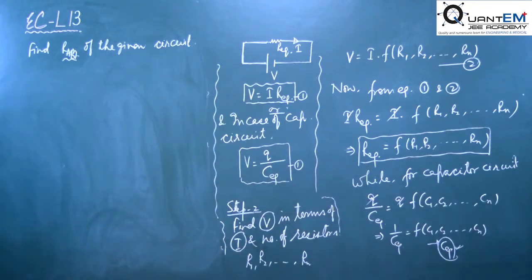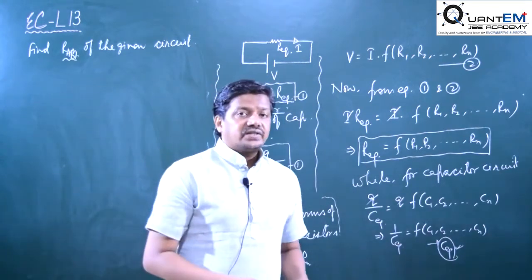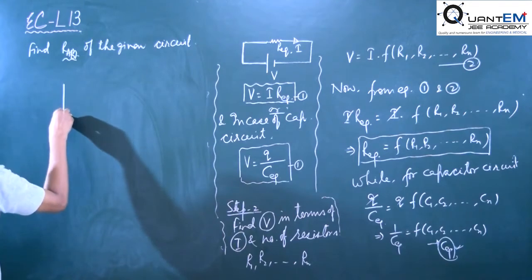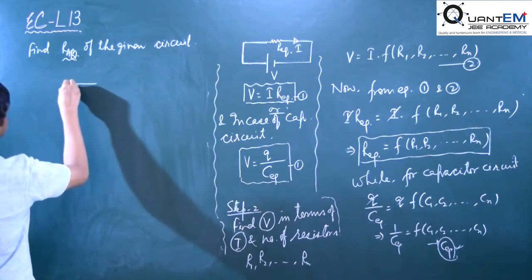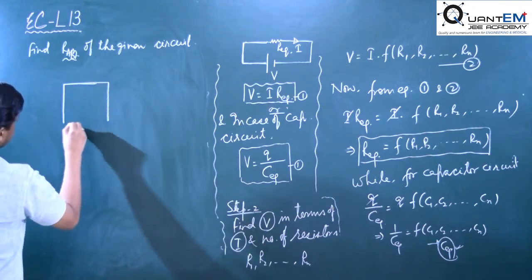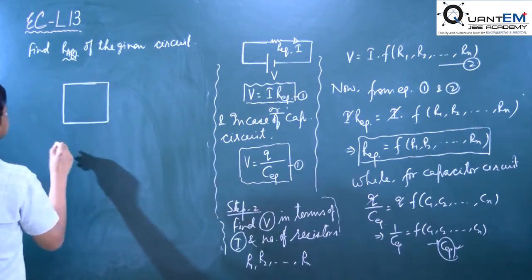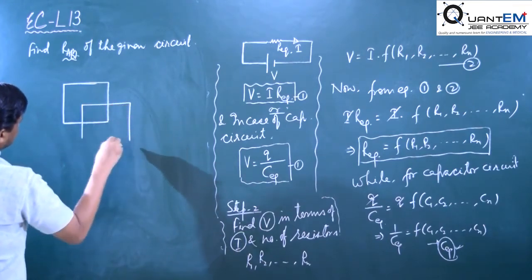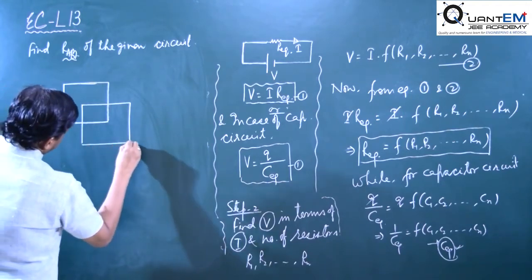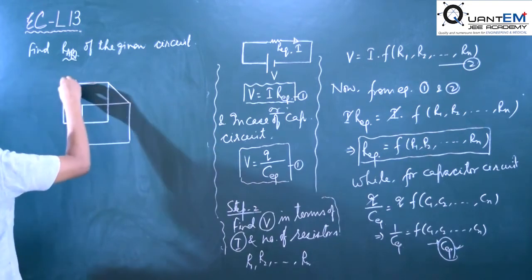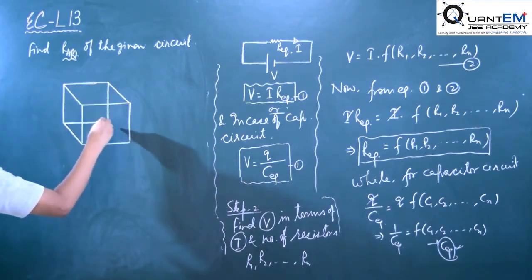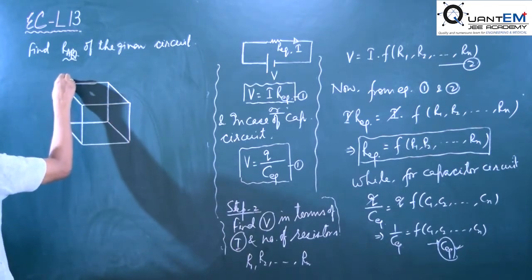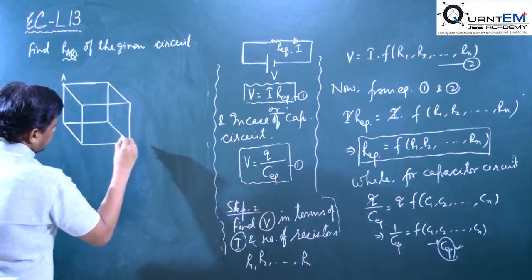We have a given circuit and from the given circuit we have to find the value of the equivalent resistance here. This point is A and this point is B.